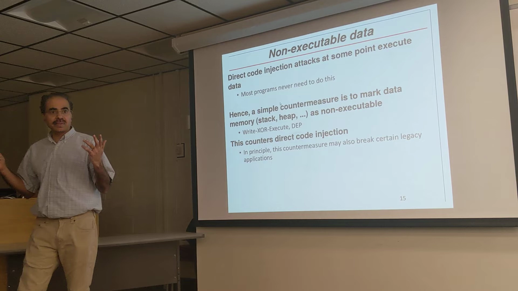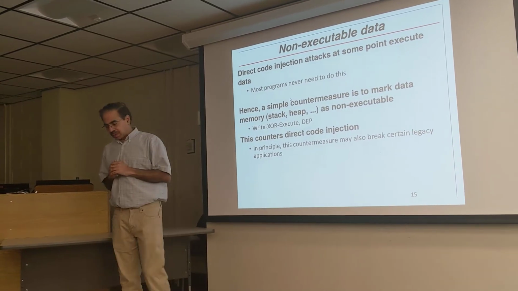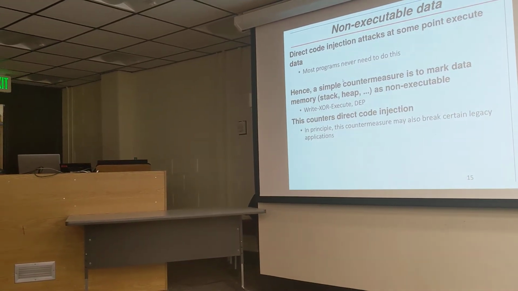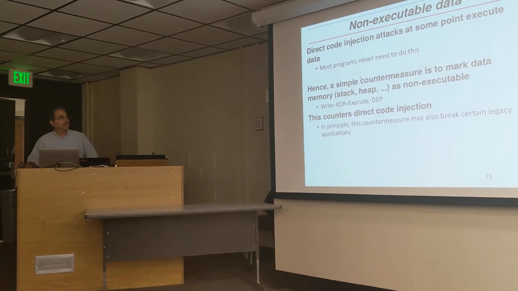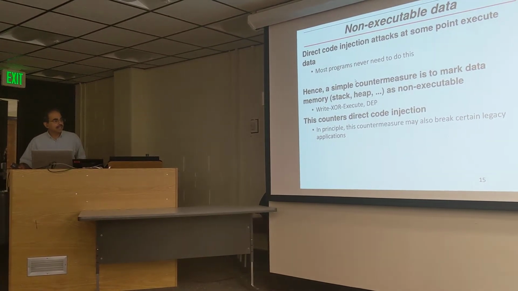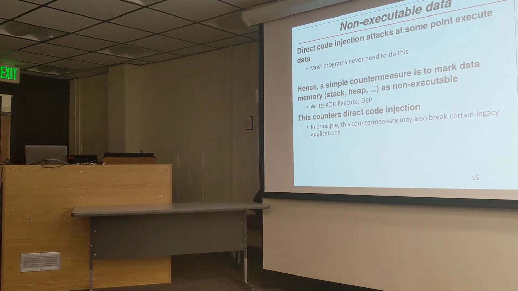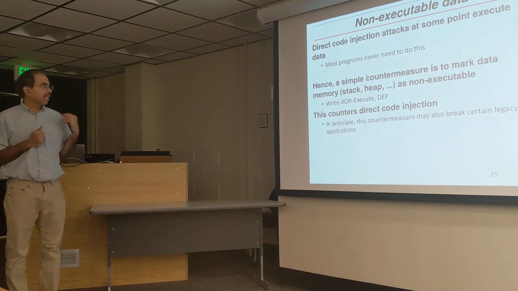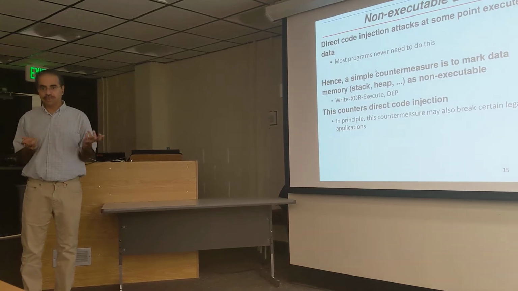People figured out that this is a big problem. So both the processor developers and the operating system vendors came out with data execution prevention, as it is called, or sometimes write XOR execute, which means that either you can have the write permission or the execute permission, but you cannot have both, right?